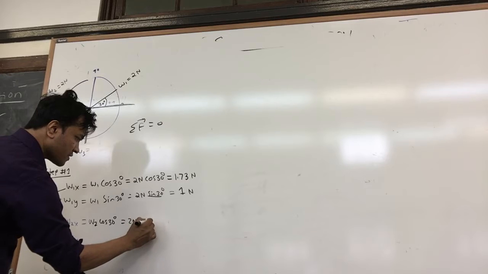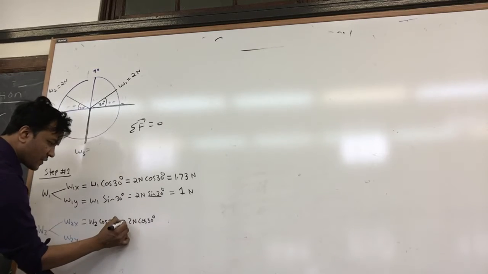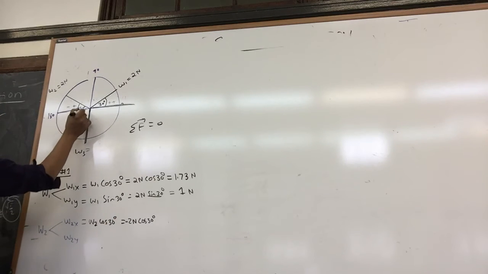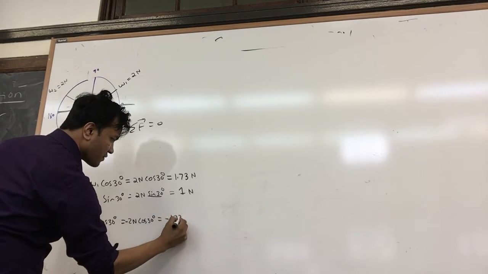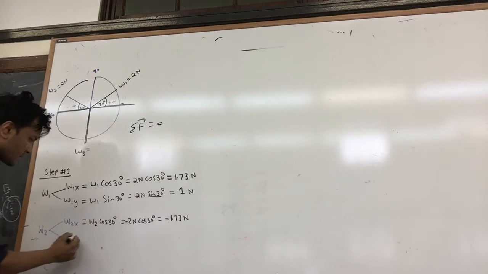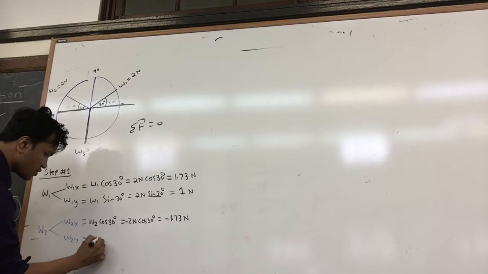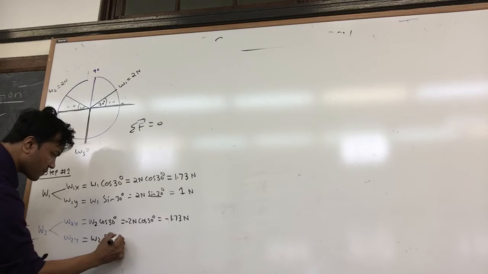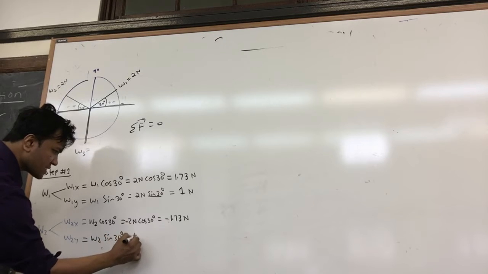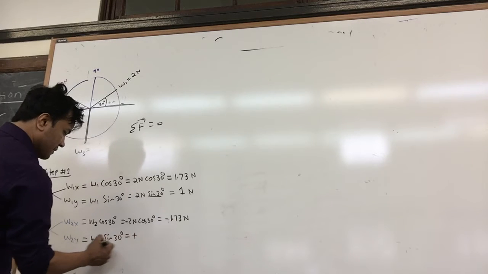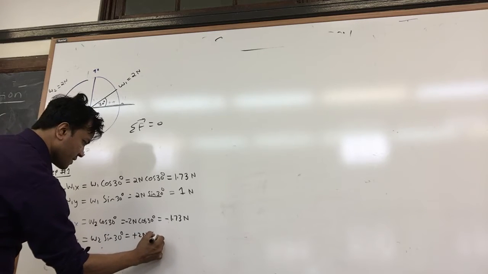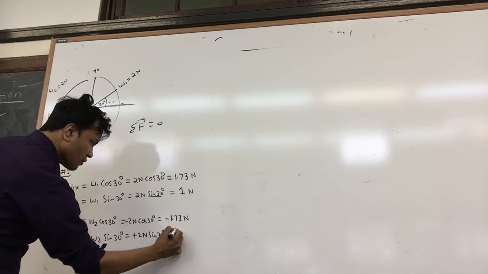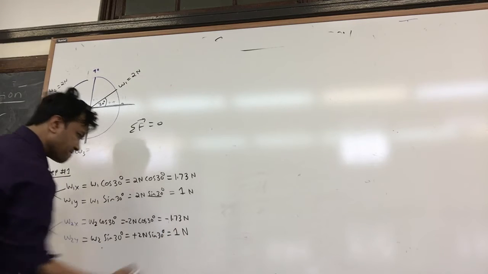So cosine 30 degree. This time it is negative because on the x axis, this side is minus and this is plus. So it's going to be negative 1.73 Newton. W2y is W2 sine 30 degree, which should be positive. 2 Newton sine 30 degree should be 1 Newton.